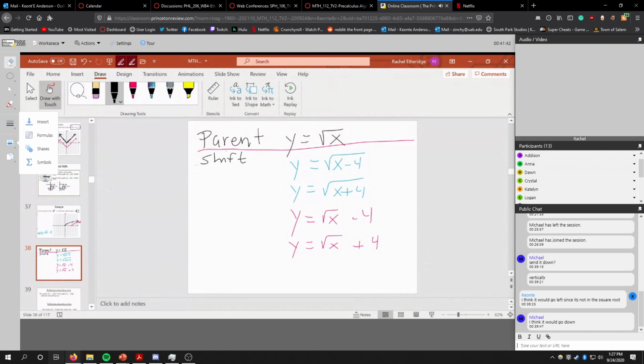I hope you can guess this one because we just did it: it shifts 4 to the right. This one shifts 4 to the left. This one shifts 4 down. This one shifts 4 up.